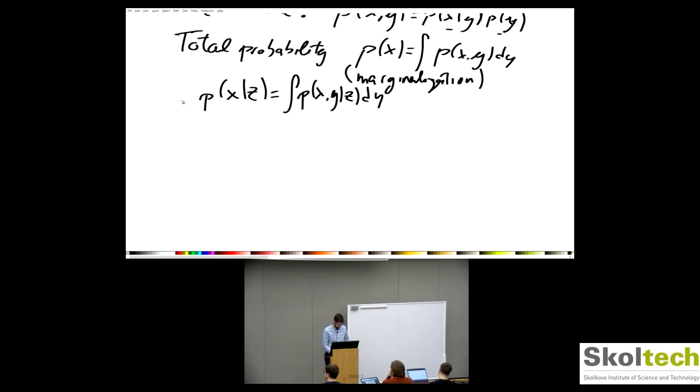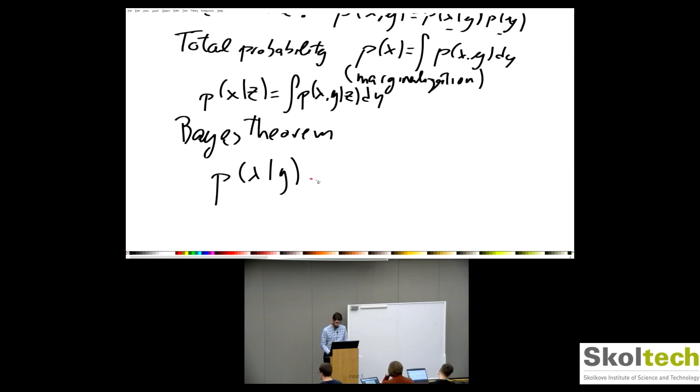Okay, so, oops, very important. Bayes theorem. Again, this is true also for distributions, but we will be using this for some derivations, right? So everyone should be familiar with this. So it's this.